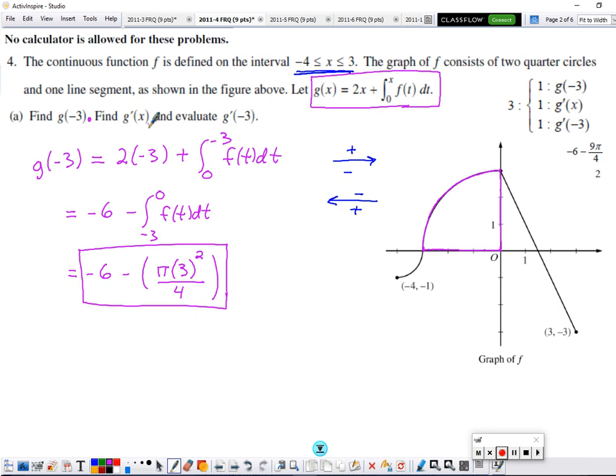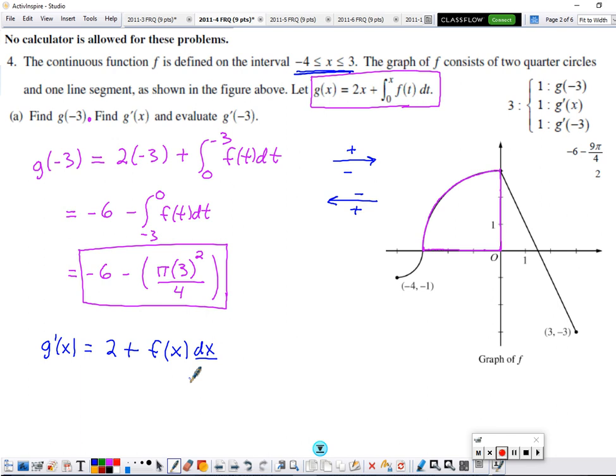G prime of x. Well, this is g of x. I know how to take derivatives. So let's see, g prime of x would equal, the derivative of 2x is just 2. To find the derivative of an integral, I identify the integrand, I plug in the upper limit, multiply by the derivative of the upper limit.